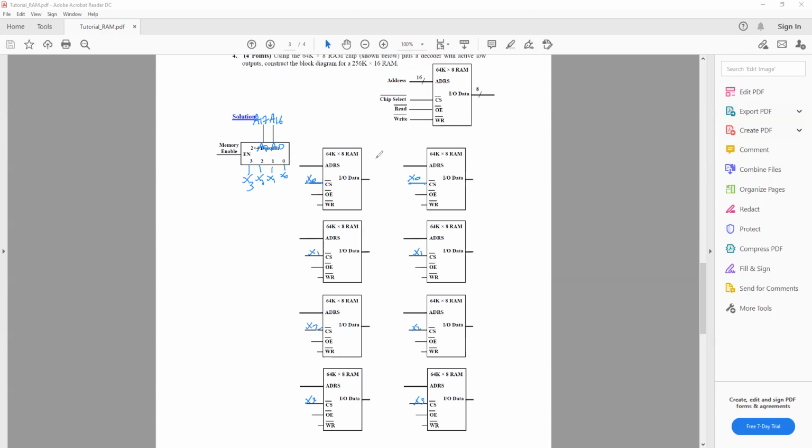تمام. All the address lines will be connected together. جميع الادرس line will connect to address from 15 to 0. All the read bar will take read bar, and all of the write bar will take write bar. So this is write bar, read bar, read bar, write bar. تمام and so on.